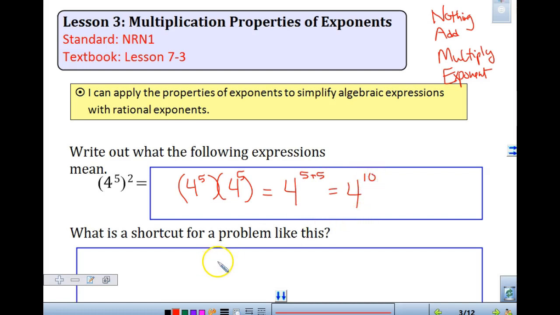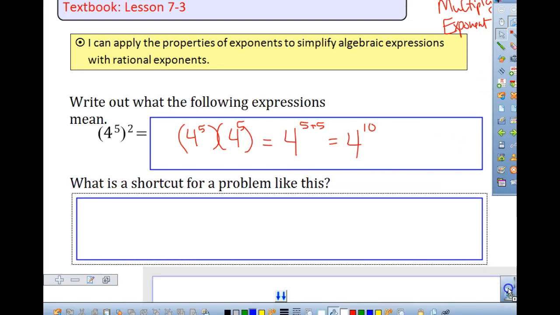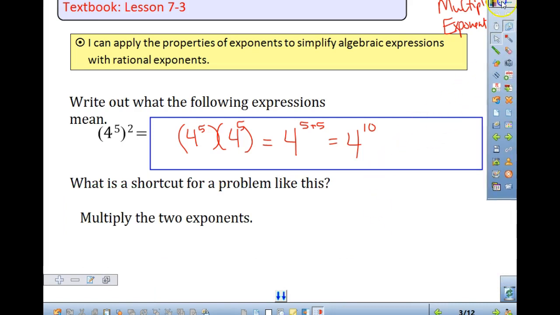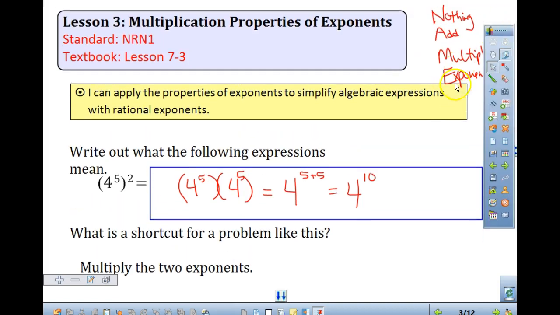And the question is, is there a shortcut so that I do not have to always write it out first as multiplication? So, the shortcut is to do what? We're going to multiply those exponents, and that is exactly what the shortcut is. Multiply the 2 exponents. Now, I want to go back to this mnemonic that I gave you.